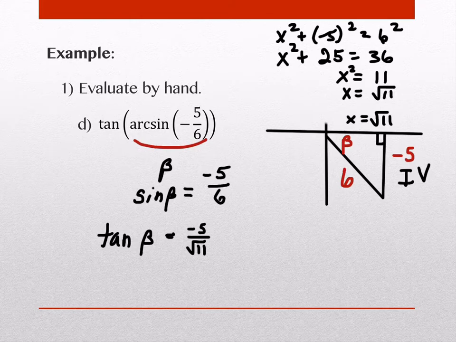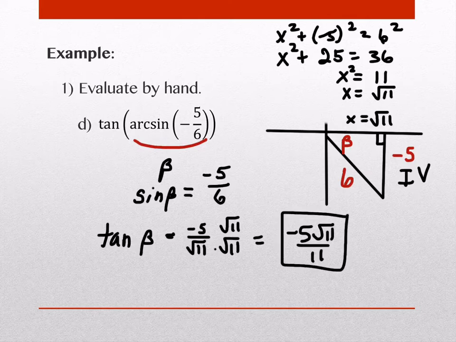And we don't leave radicals in denominators when there is a radical constant, right? If it were a variable, it would be different, but the square root of 11 is a constant. So we would rationalize. And then our solution would be -5 square root of 11 over 11. Okay, is everyone good with that?